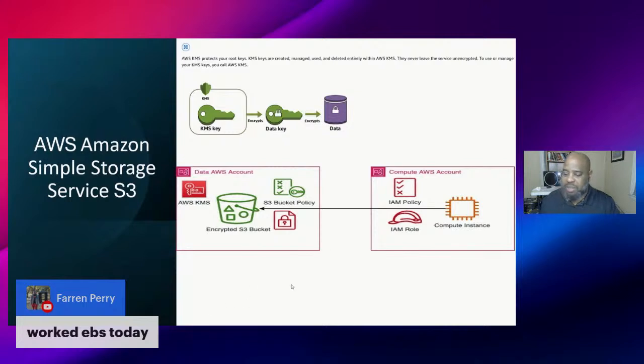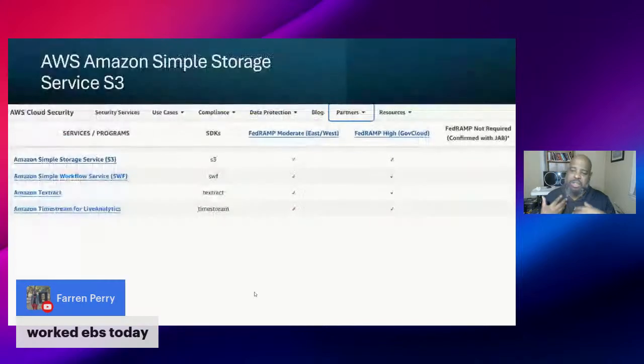Once again, I dropped the link if anybody wants to come up. We always talk about a compliance section, so we look at the compliance version of the service we're running. So you see the Amazon Simple Storage Service S3. If you're running in FedRAMP East and West data centers, it's FedRAMP Moderate.